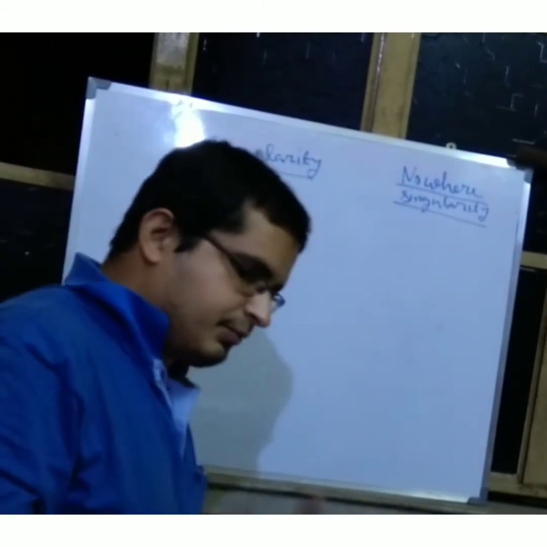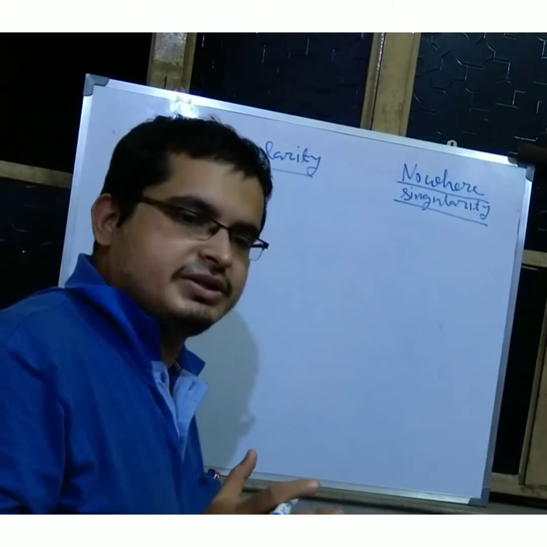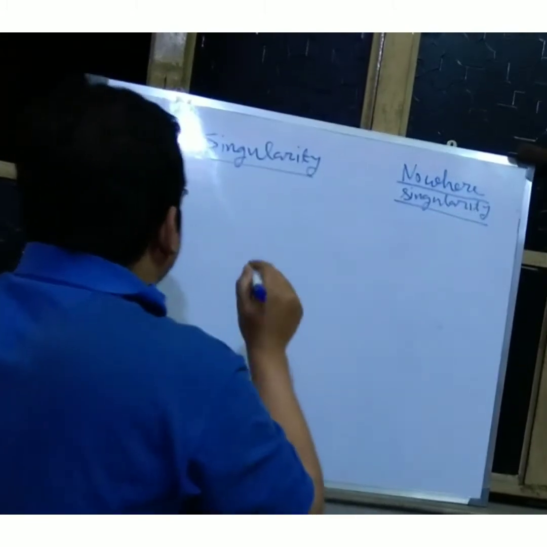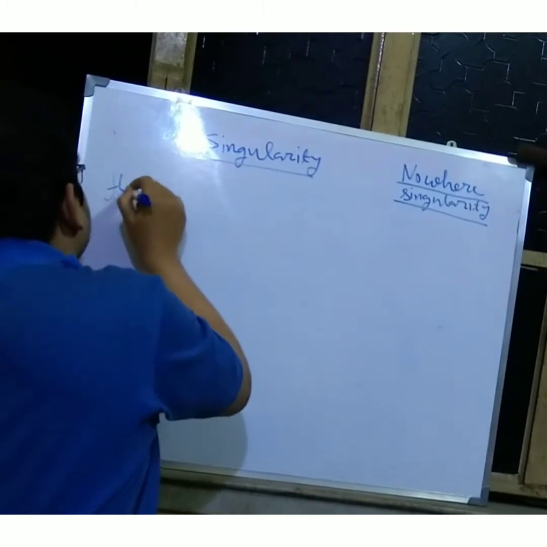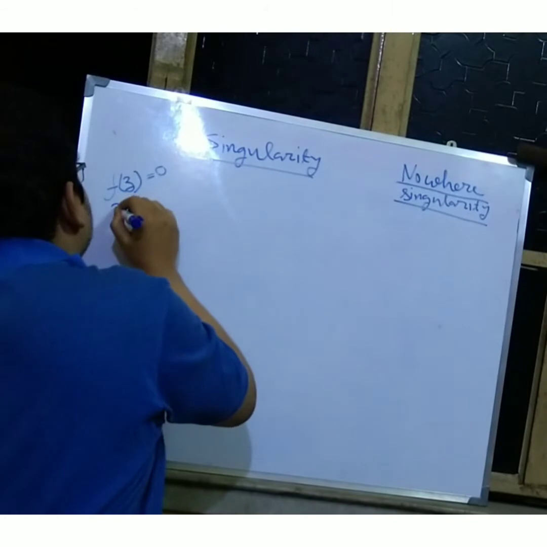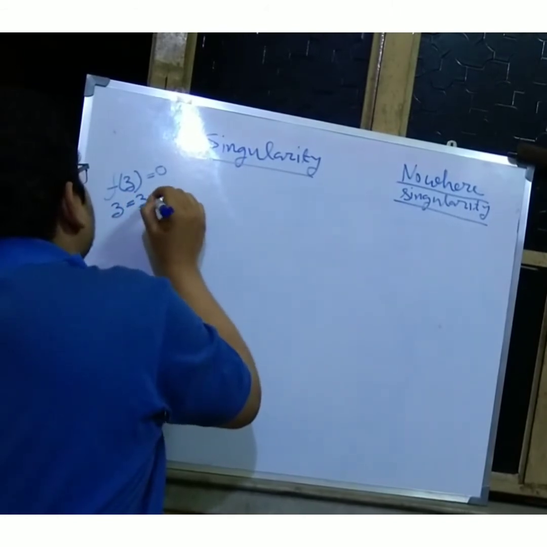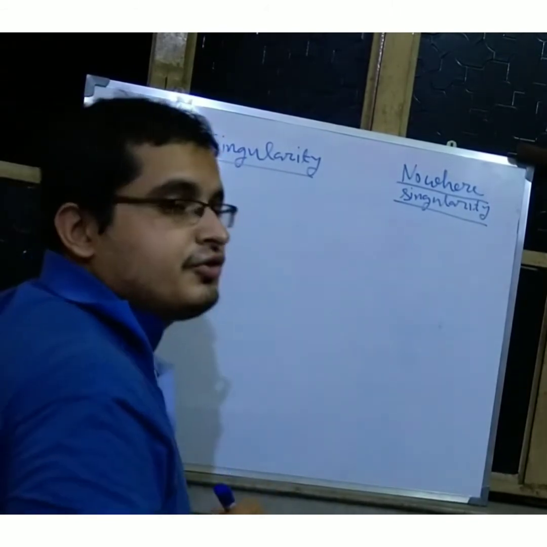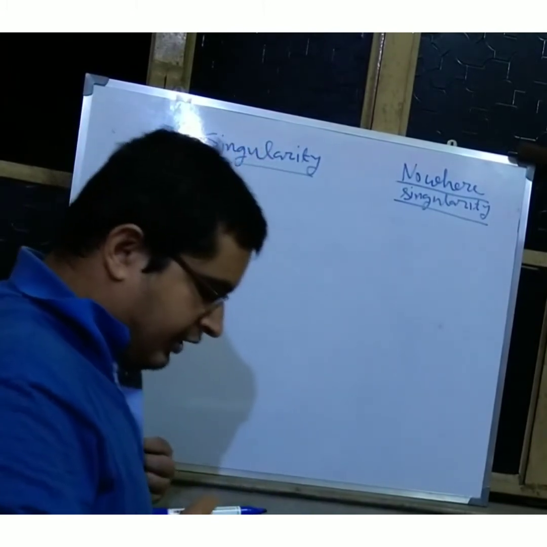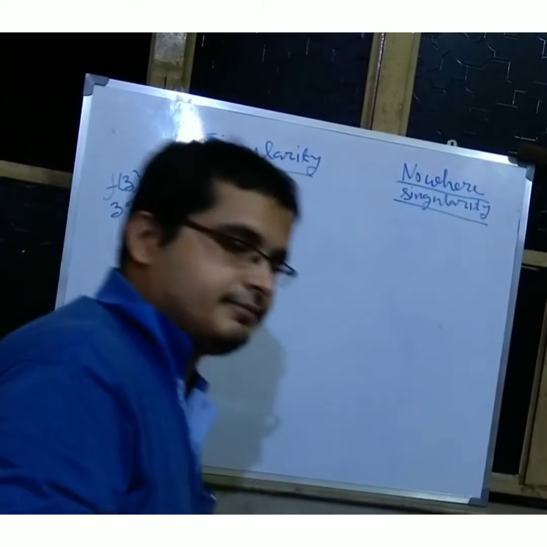If f(z) equals 0 for z equals z0, then z0 is called a singularity. I will also discuss how we can get the order.